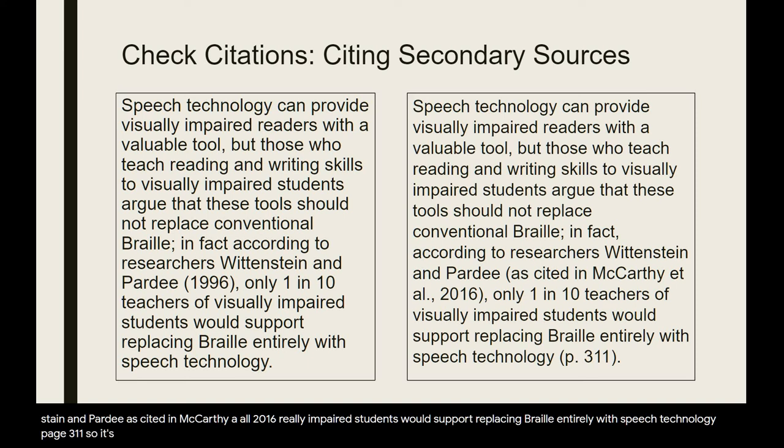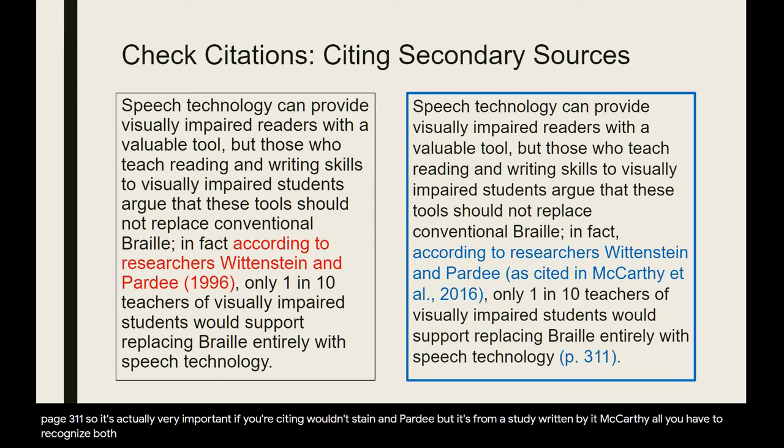So it's actually very important, if you're citing Wittenstein and Pardee but it's from a study written by McCarthy et al., you have to recognize both. So this one leaves out McCarthy et al., and this one actually includes it.